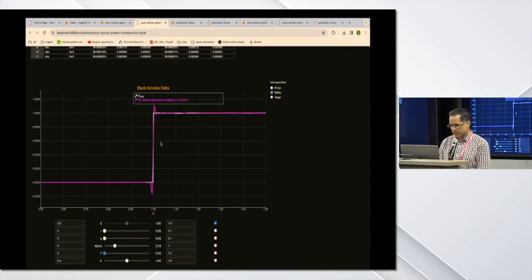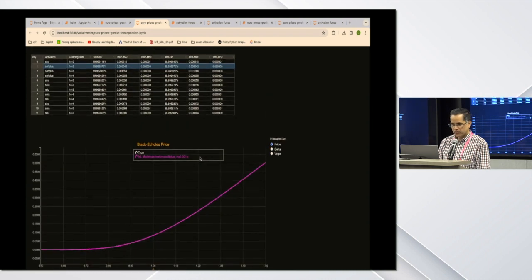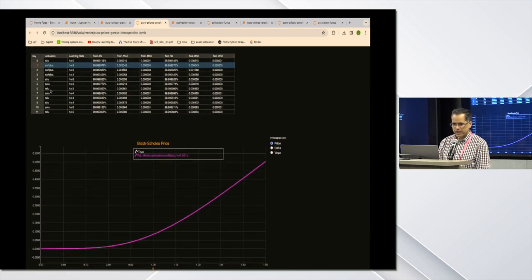So this is the area of singularity I was talking about. When the Greeks and the price become singular, you see that there are still some issues because we haven't added that many samples along the area of singularity. Let's see how the ReLU model did. So I'm going to overlay ReLU on top of this.